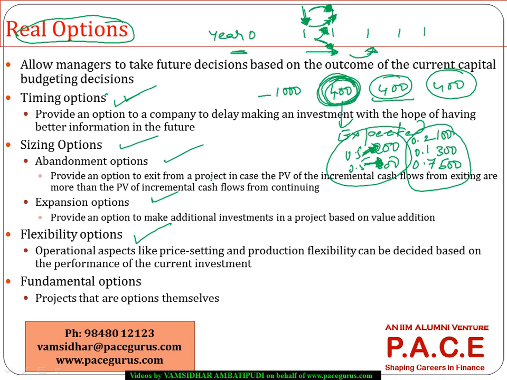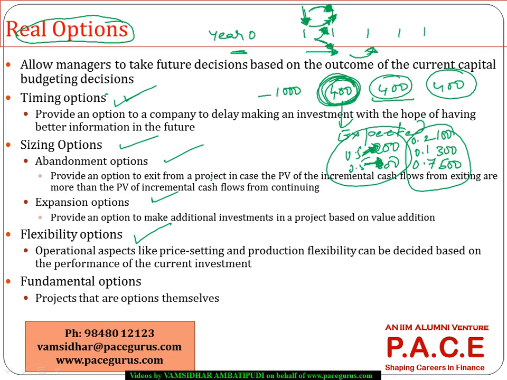I may not change the production quantity, but I will simply increase the price. Or in some cases, I may increase the production by paying something more to my workers, or I will increase the quantity of production. All these things can very well be taken depending on how the movement of the cash flows is happening over the period.